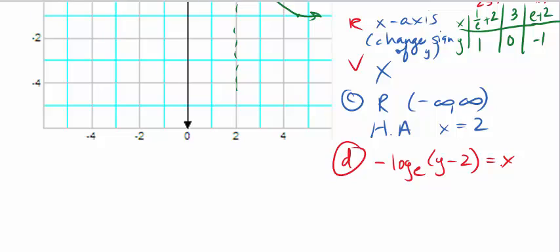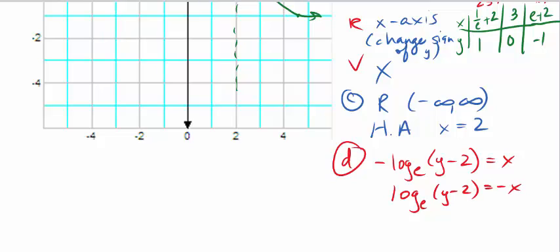But now we have to get the y by itself. So there's a lot of things that are in our way. First thing I'm going to do is multiply both sides by -1. So I'll have log base e, y minus 2 equals -x.